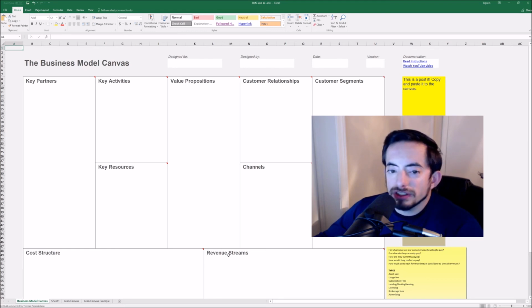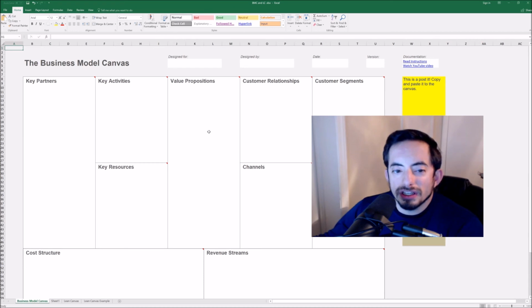So these are all things you have to think about and list them in order for you to get a full understanding of your business. And once you do all of this right here, and get it all nice and neat and figured out, then you have the basis for starting your business.